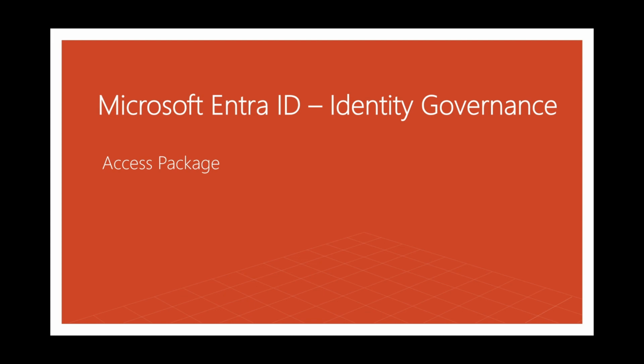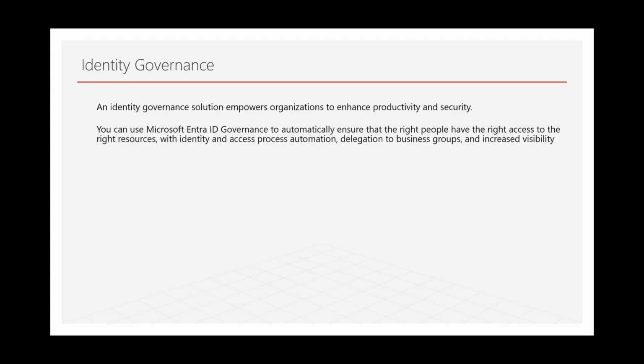Before jumping into the practical session on creating an access package with the Azure portal, let's see some basics about identity governance. So what is identity governance? Identity governance is a solution that empowers organizations to enhance productivity and security.